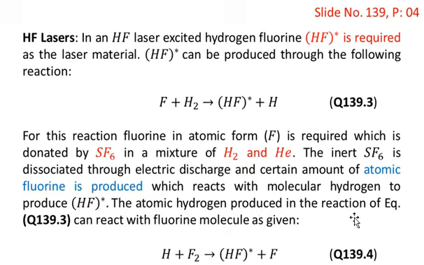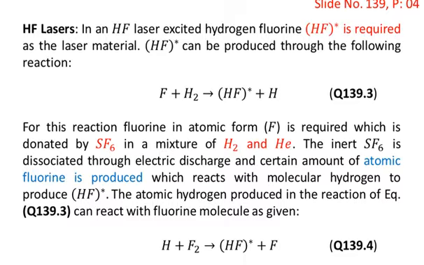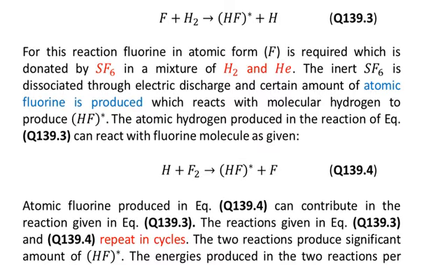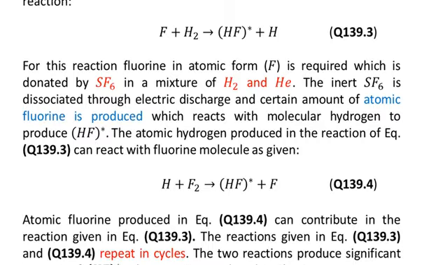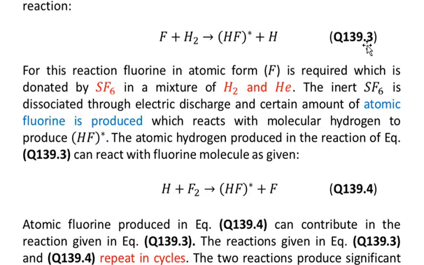Atomic hydrogen produced in the reaction of equation number 3 can react with the fluorine molecule as given. So you see that hydrogen in the atomic form is produced in equation number 3, which can react with the F2 molecule and can produce the same molecule in the excited form, that is HF star, plus fluorine in the atomic form.